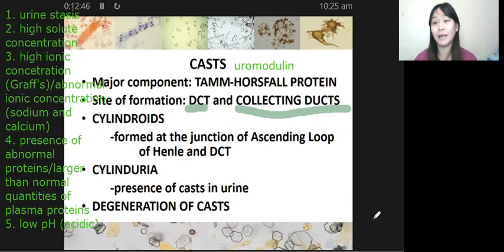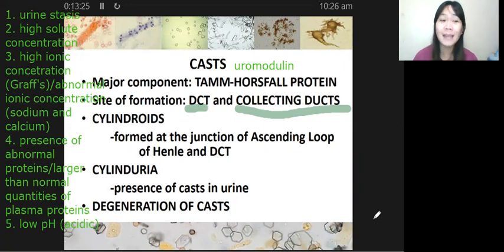Ngayon, balik tayo sa renal physiology. Doon sa ating renal tubules, saan natin ma-observe yung concentrated na urine sample? Saan natin ma-observe yung pinaka-acidic na filtrate or urine? Doon po sa distal convoluted tubule hanggang sa collecting ducts. Remember, these portions are considered to be the final site of urine concentration.